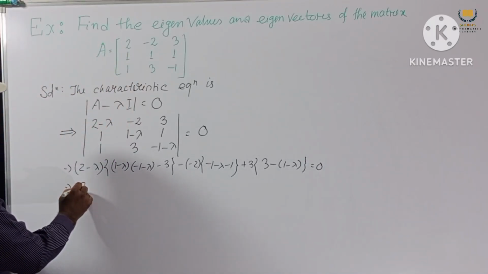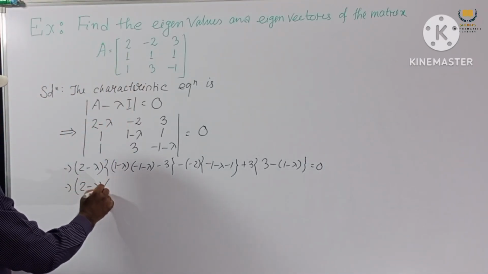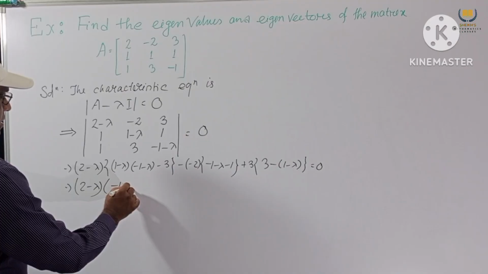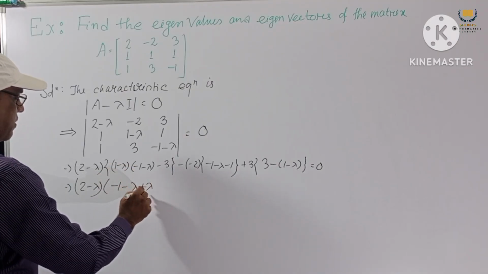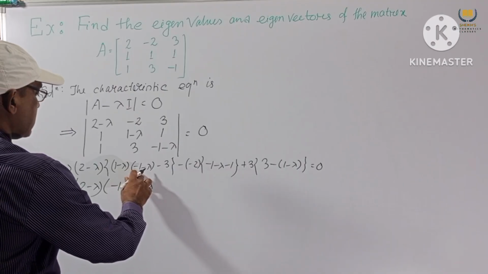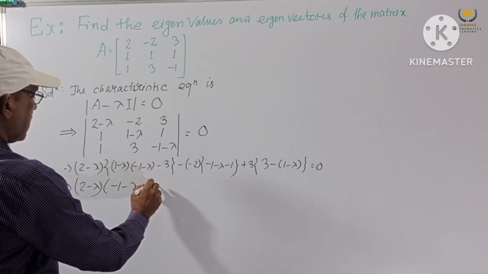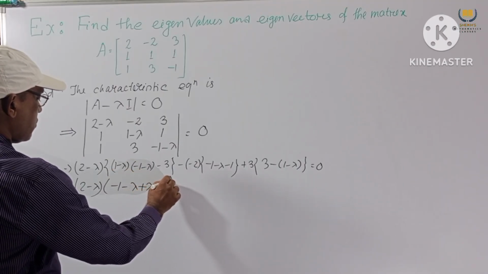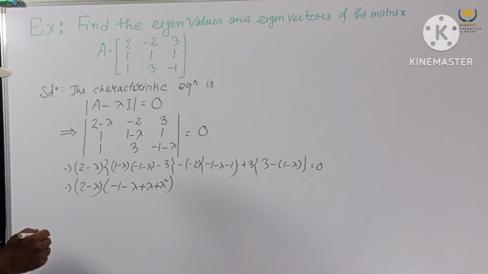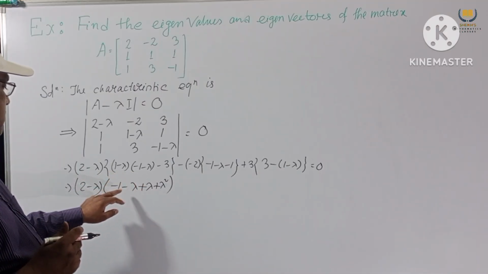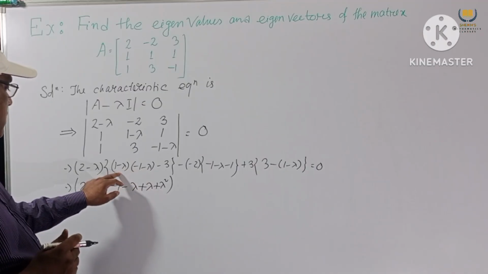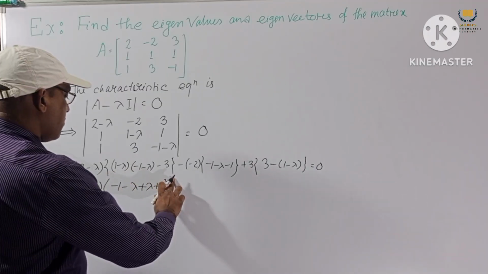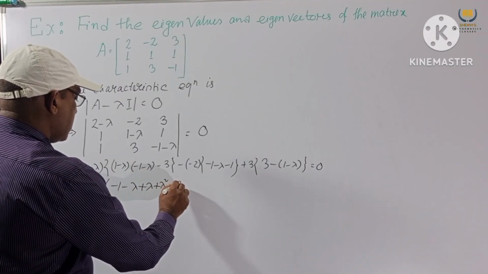So we get 2 minus lambda times [minus 1 minus lambda plus lambda, and plus lambda square] minus 3.